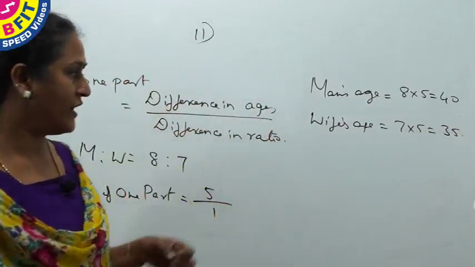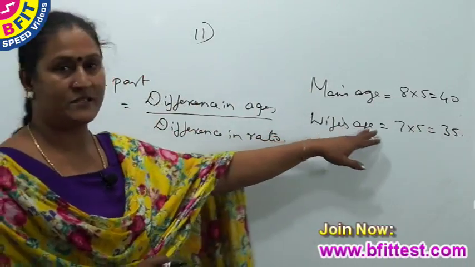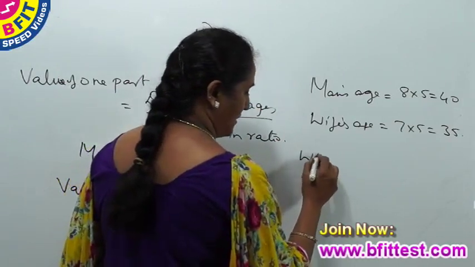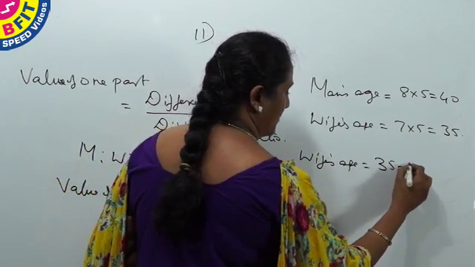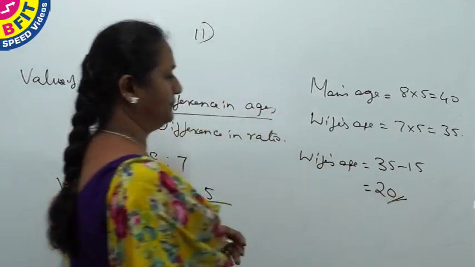We are asked to find the wife's age at the time of marriage, and as this is the age after 15 years, the wife's age at the time of marriage is 35 minus 15, which is equal to 20.